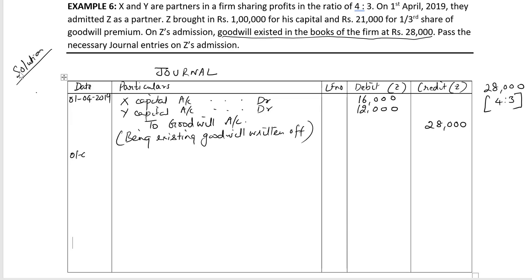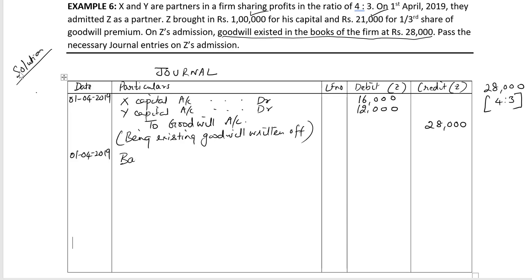Same date, 1st April 2019. We'll write the journal entry for Z bringing in cash, rupees 1 lakh as his capital and rupees 21,000 as premium for goodwill.